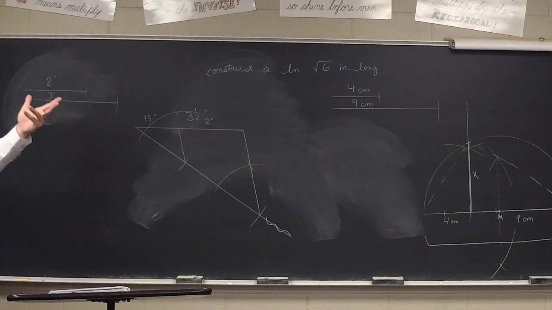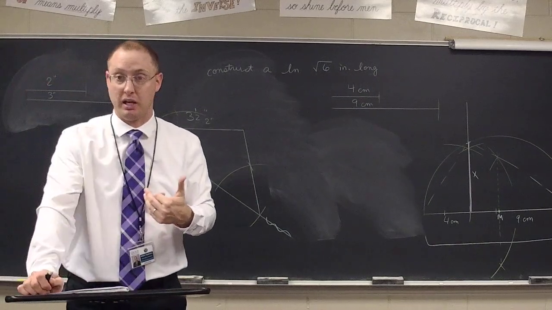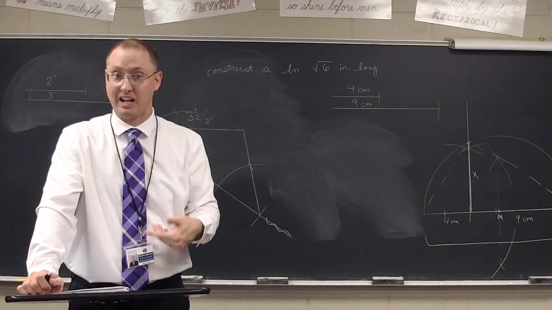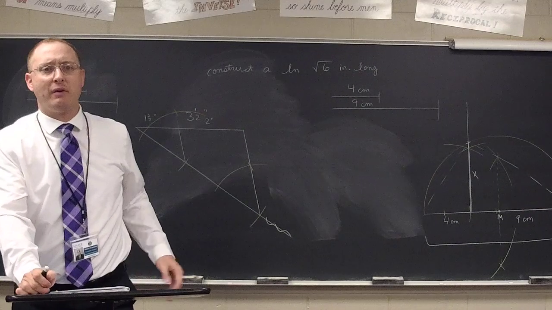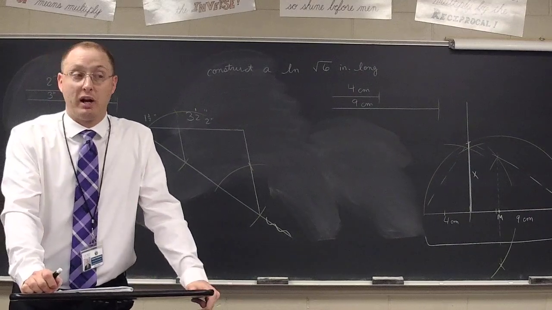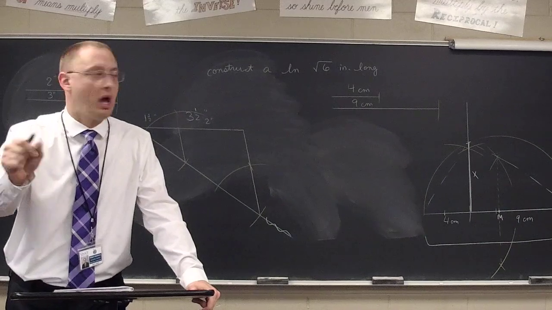Well, the existence of a square root implies also then the existence of a square, perhaps an x squared. When have we seen an x squared, or when have we with proportions dealt with square roots? Mean proportional.